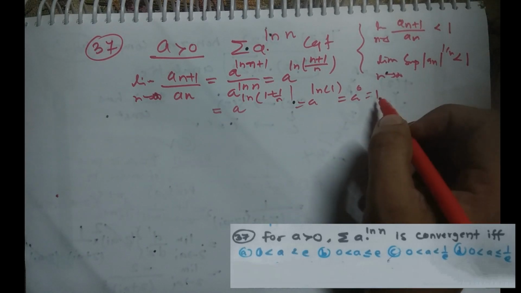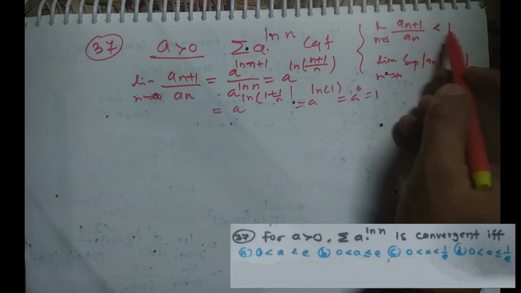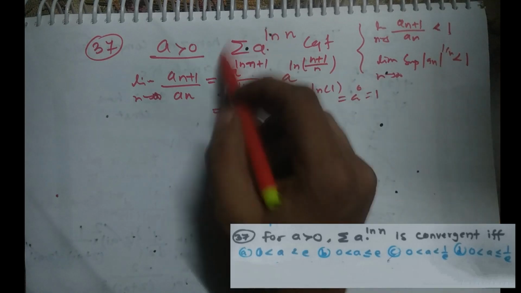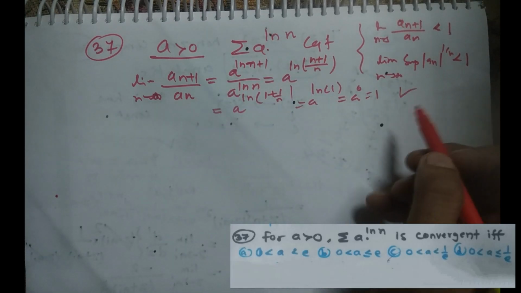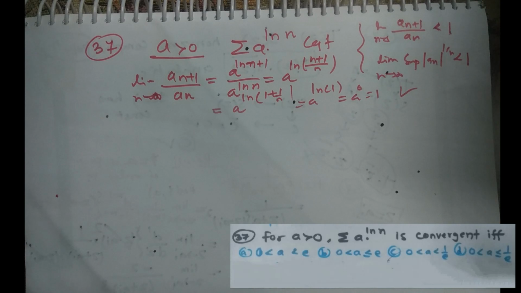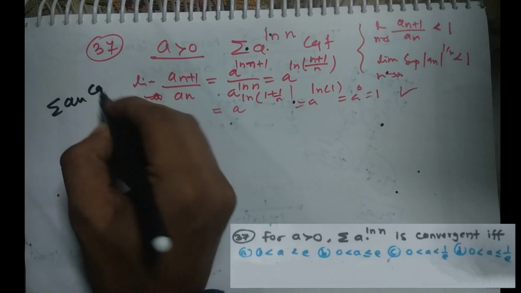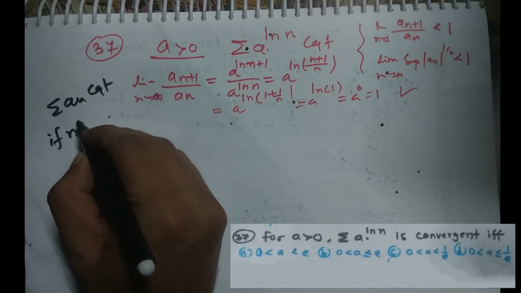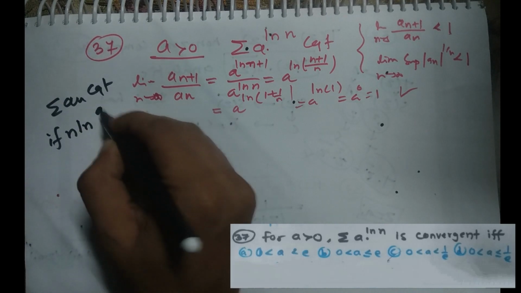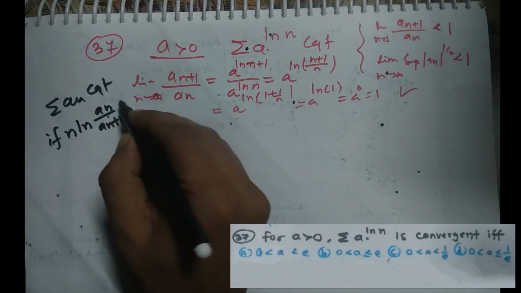See, we are not getting any conclusion because the limit must be less than 1 in order for this series to converge, but we are getting equals to 1. So what we'll do, we have to go for logarithmic test. So what is logarithmic test? Our series a_n is convergent if the limit of n ln of a_n upon a_{n+1} is greater than 1.